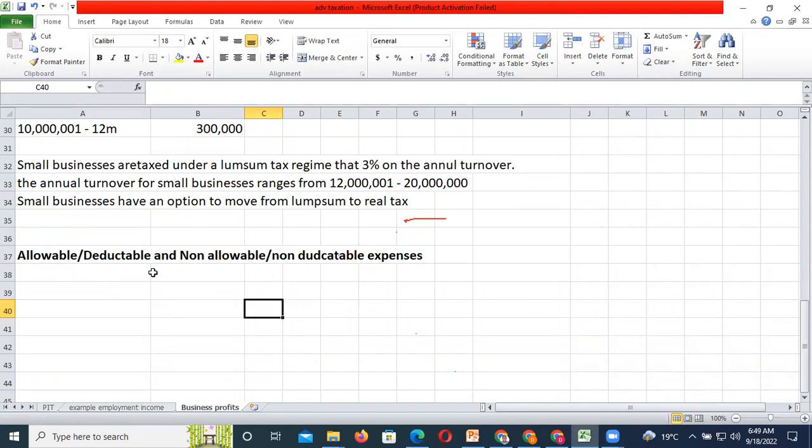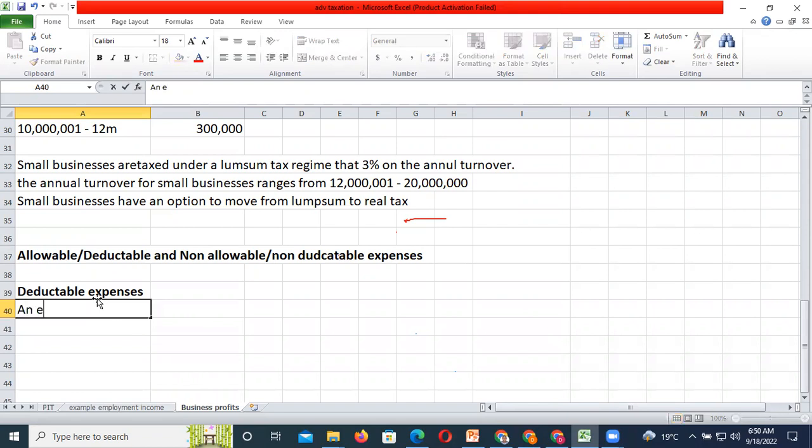Now, which expenses are deductible? What expenses are allowed for tax? We say that a business expense is allowed for tax if it meets the following conditions.